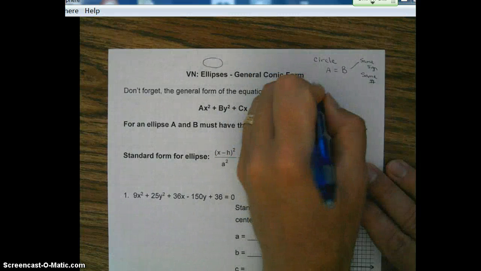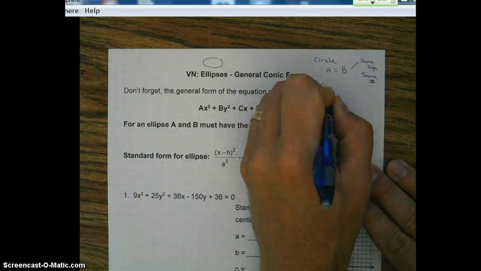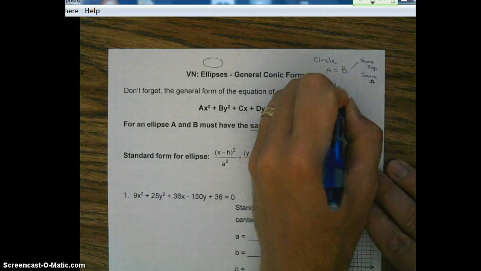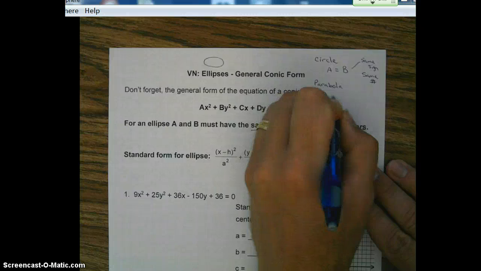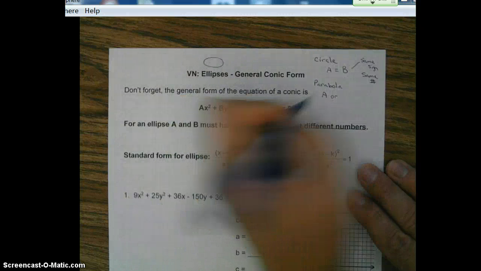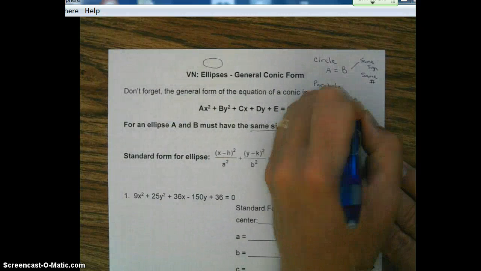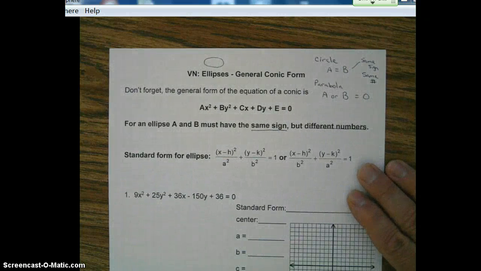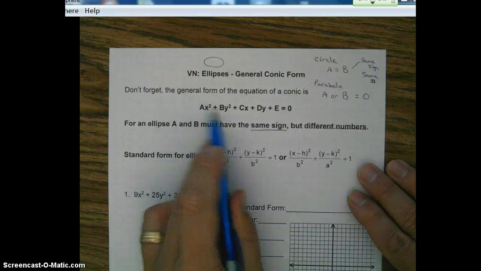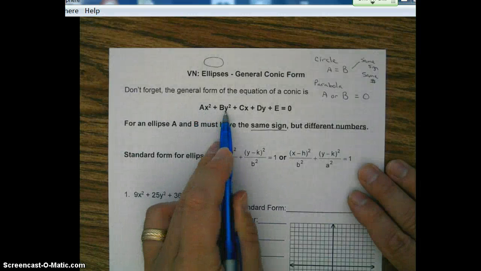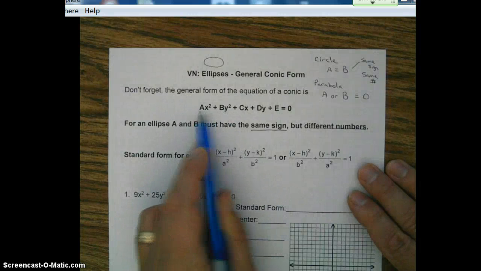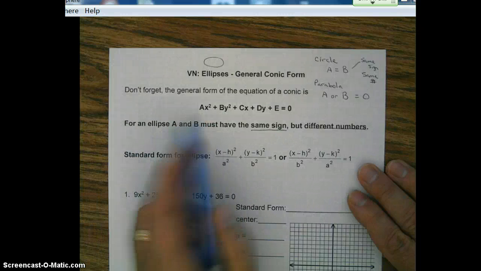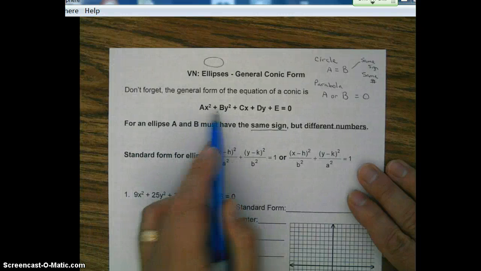Parabola: A or, not and, or B equals 0. And now we have an ellipse. A and B must be different numbers, but they must be the same sign. Positive, positive, negative, negative.